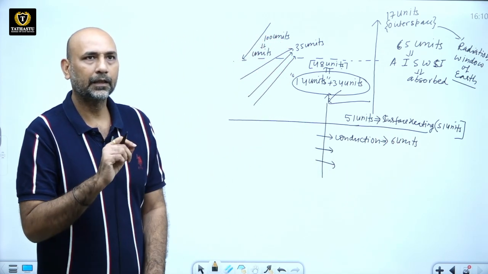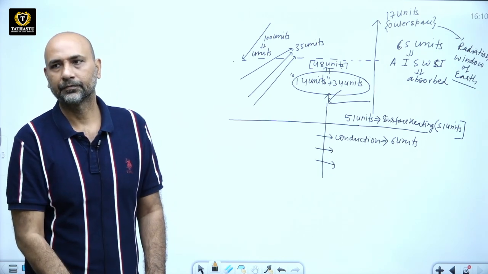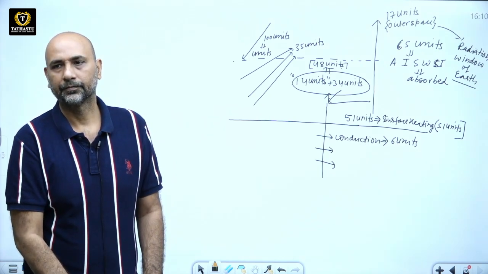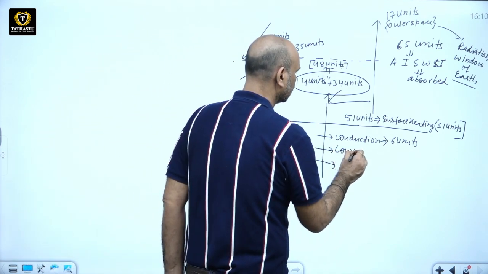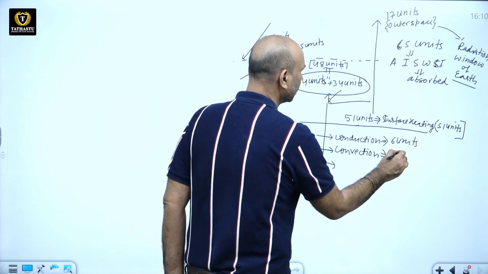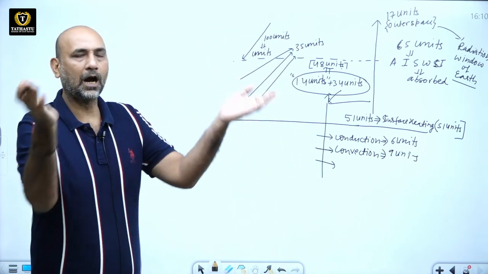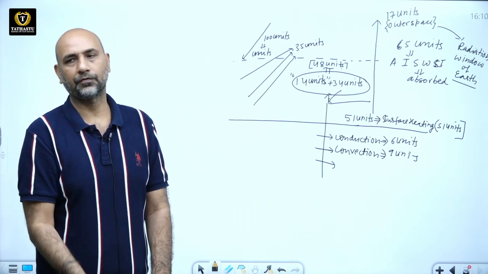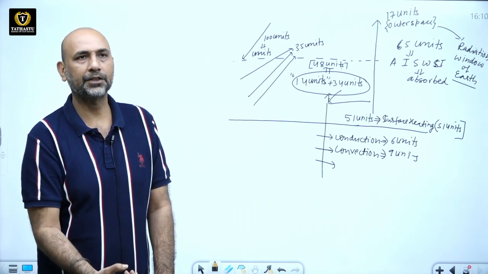Conduction is intermolecular transfer of heat. Convection, that is 9 units. Convection is upward and outward flow of hot and lighter fluid. Atmosphere is fluid. It is the gaseous state of matter.